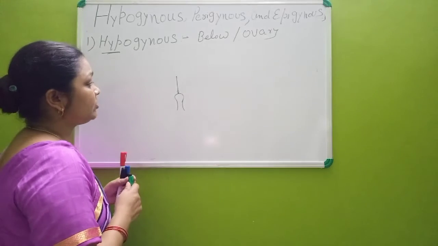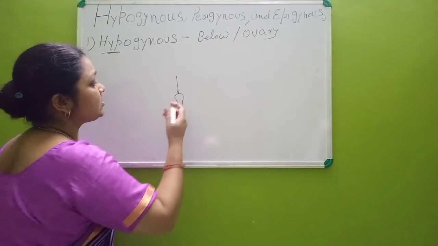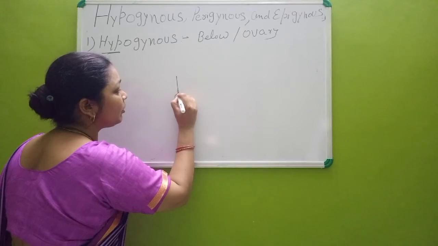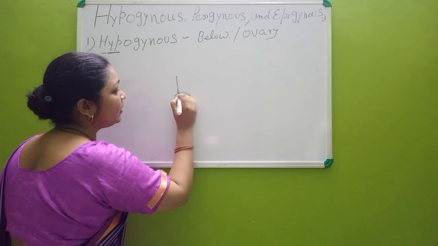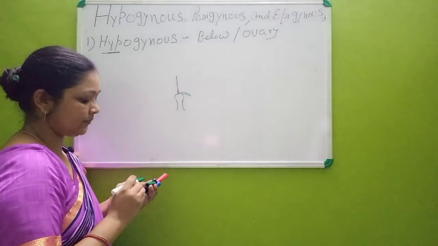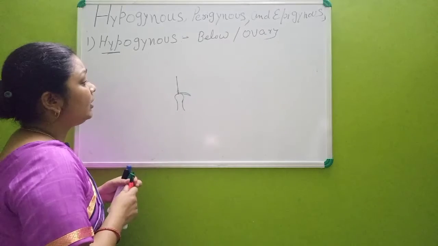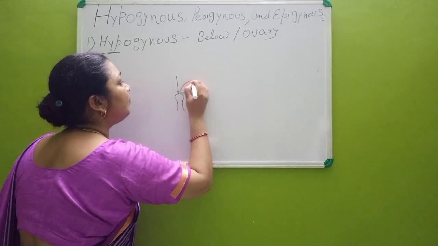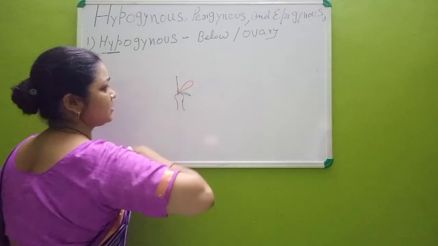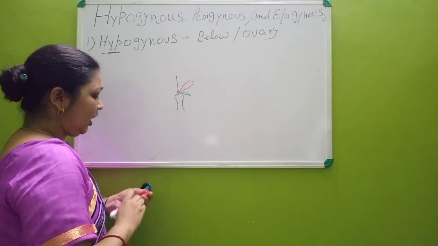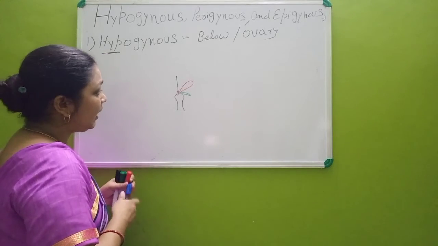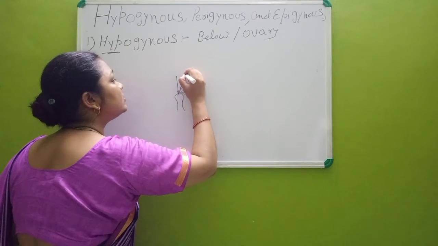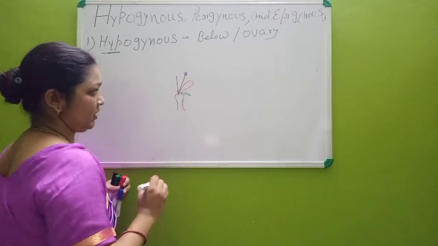Now we'll go through the other structures that are present in it. The other structures arise from below the ovary, that is from the lower tip of the ovary, and here the sepal will arise. Then from here only the petal will arise, and at the same position, below the ovary, the stamen will arise.